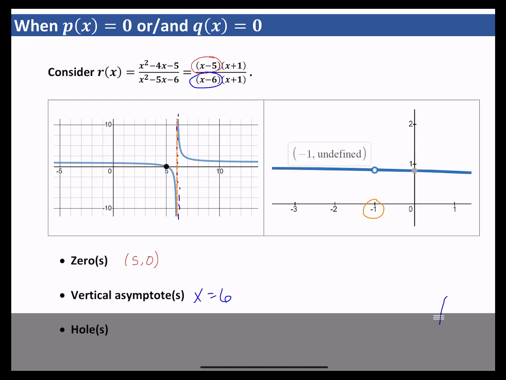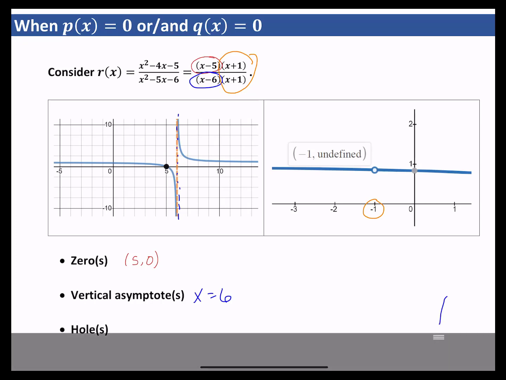You had to know to zoom in and look for that. Because the numerator and the denominator both had a factor of x plus 1, so the numerator and denominator both equaled 0 at x equals negative 1, there was a hole in the graph.